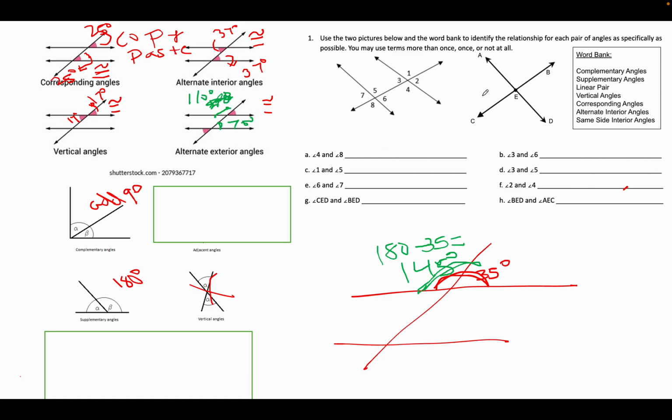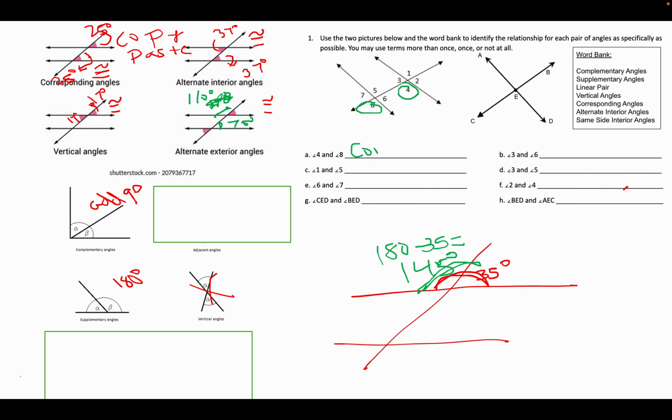So this first problem is just asking us to identify the relationship, and we may need to use more terms than once. We're looking at this word bank right here, which is also our pictures. So angle 4 and angle 8. It looks like those are corresponding angles because I can just copy 4 and move it up to number 8.